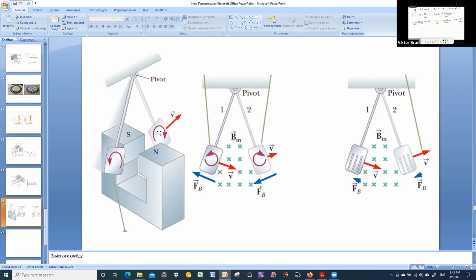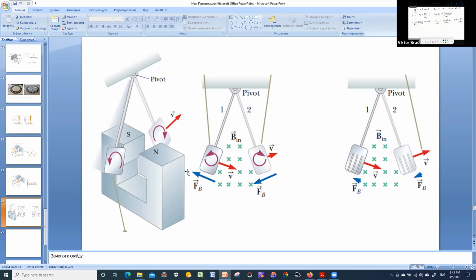It means that eddy current will always result in attenuation, like braking, like slowing down the motion of this metal plate in the external magnetic field. So in this case, we see that when it moves from outside into the magnetic field, so it moves from left to the right, this magnetic force will be kind of repelling it outside from the area with magnetic field.